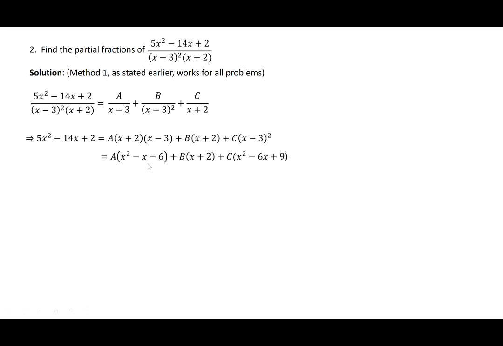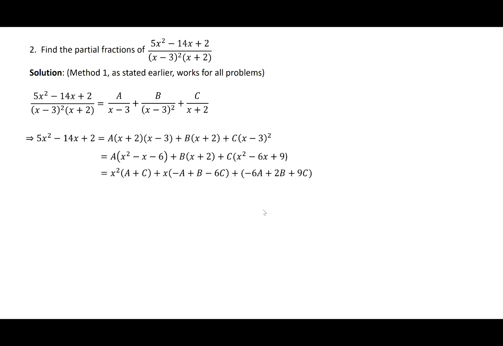Plus x times, wait, there's a minus ax. Oh, so negative a. There's a plus bx. Oh, plus b. Minus 6cx. Oh, so minus 6c. So x times all of those things. Finally, plus a constant. There's a times negative 6 is negative 6a, 2b, and plus 9c.